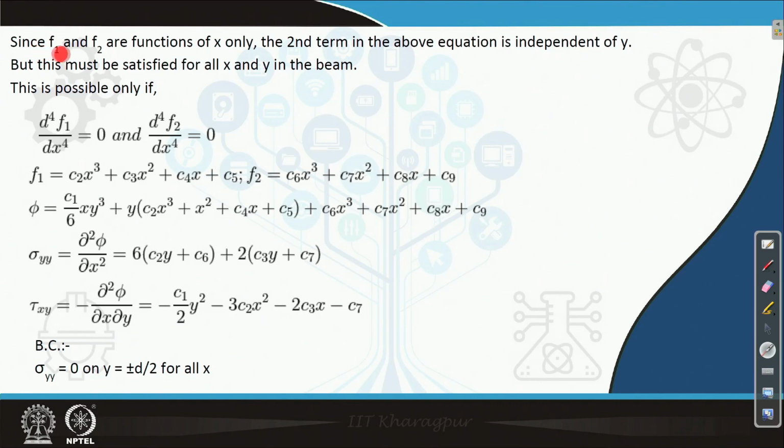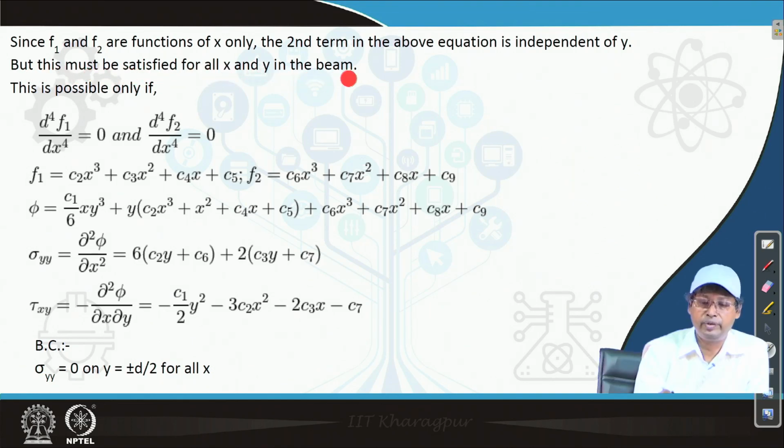Since f1 and f2 are functions of x only, the second term in the above equation is independent of y, but this must be satisfied for all x and y in the beam.